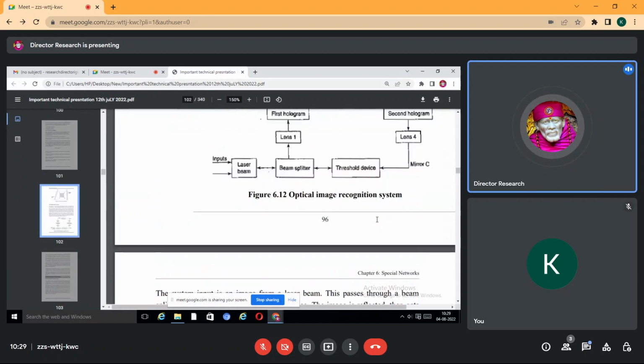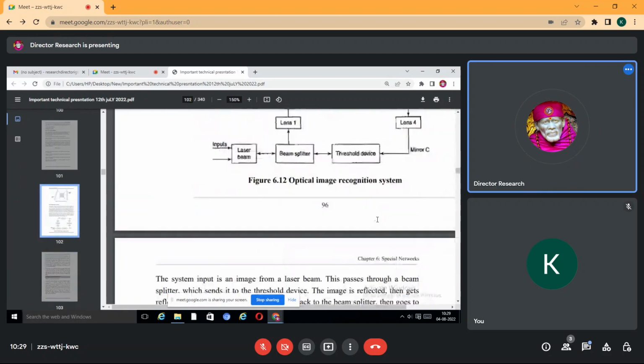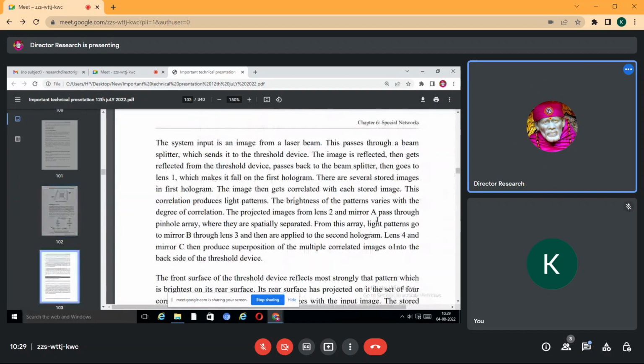Just to understand the concept, the system input from a laser beam passes through the beam splitter, which sends it to the threshold device.